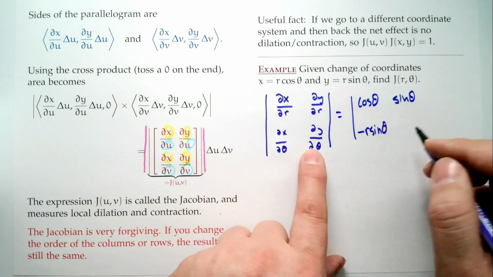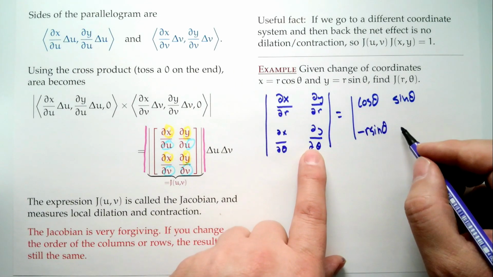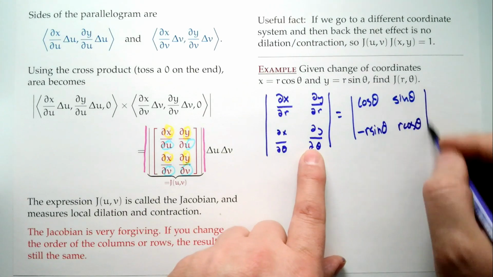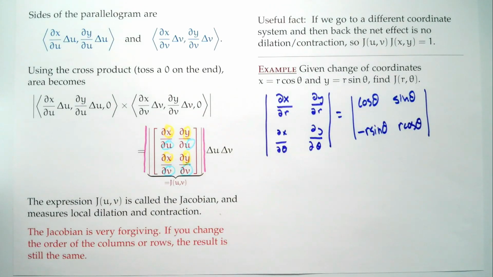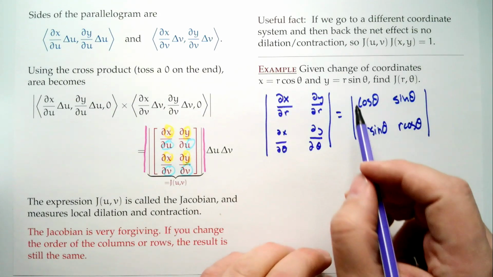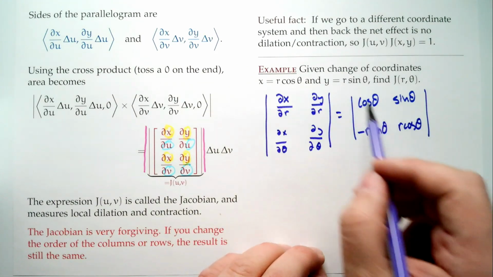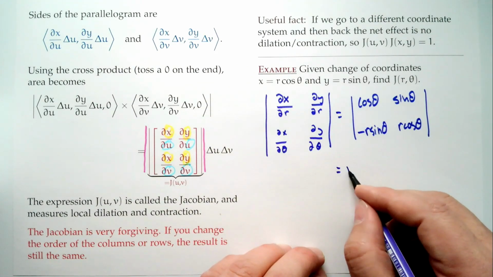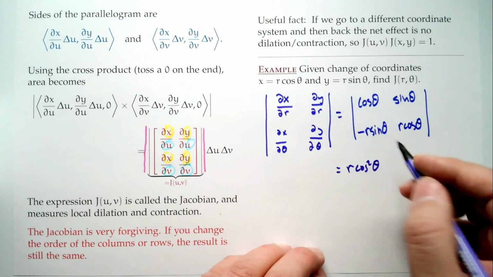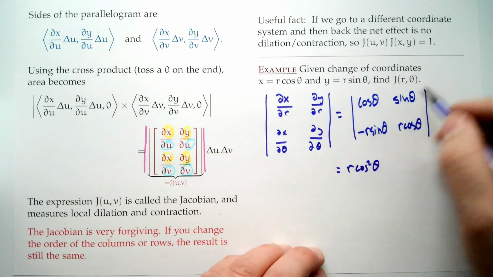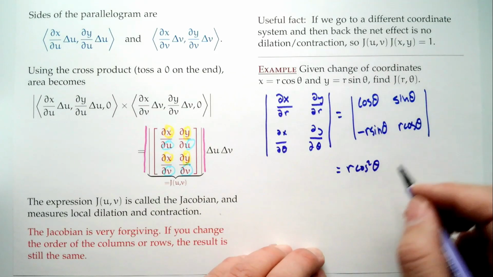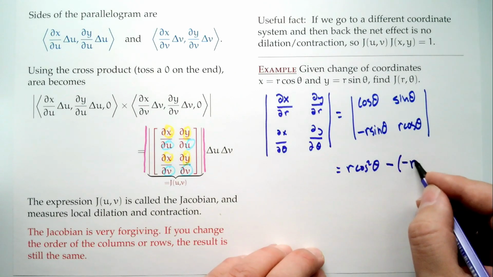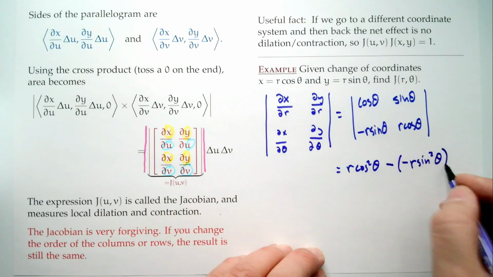What's the derivative of y with respect to theta? r cosine theta. So now we take our determinant, 2 by 2. So we multiply down the diagonal. That would be r cosine squared theta. Now you multiply on the anti-diagonal and you subtract. So minus r sine squared theta.